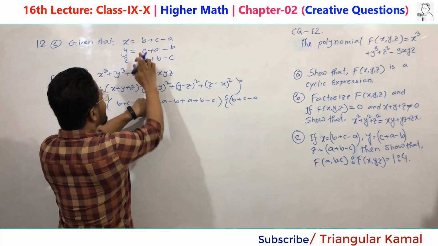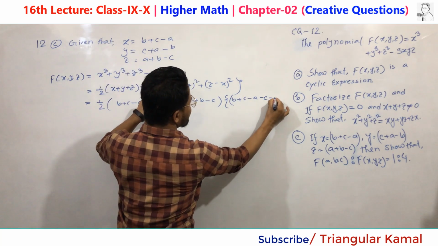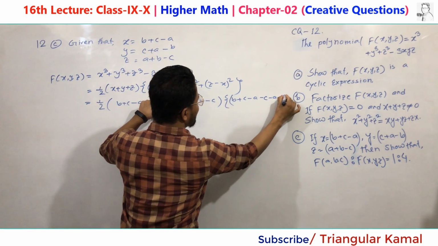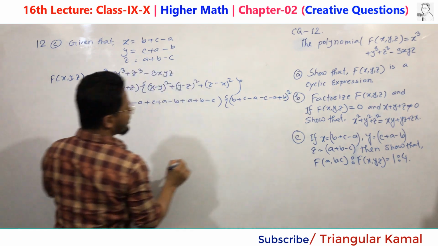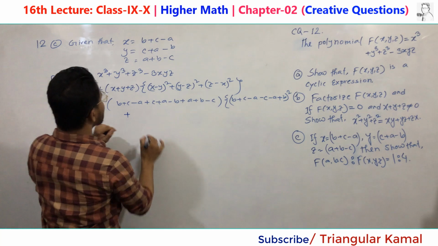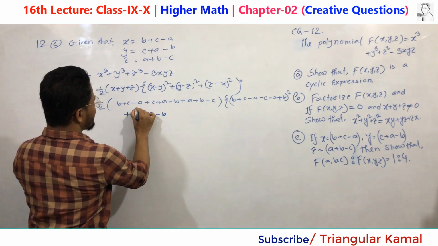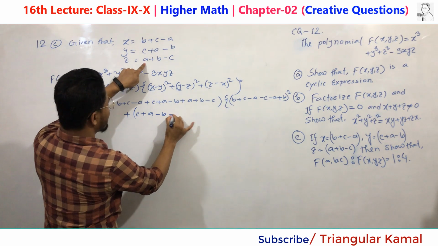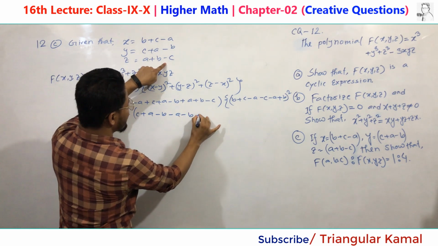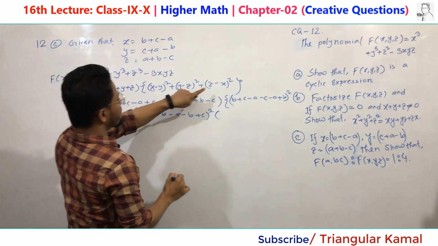So before y you have to multiply with minus: minus c minus a plus b. And now write the second one, y minus z: c plus a minus b, minus z, so minus a minus b plus c. As the last one, z minus x.